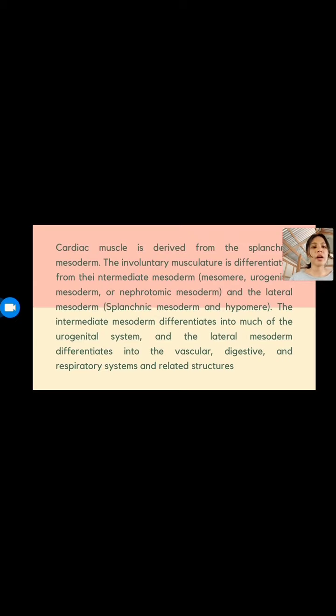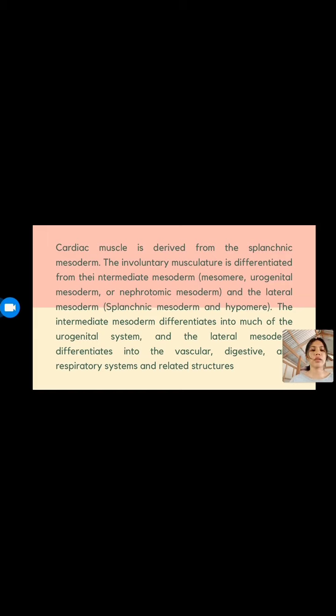The cardiac muscle is derived from the splanchnic mesoderm. The involuntary musculature is differentiated from the intermediate mesoderm, the mesomere or urogenital mesoderm, or nephrotomic mesoderm. And the lateral mesoderm is the splanchnic mesoderm and hypomere.